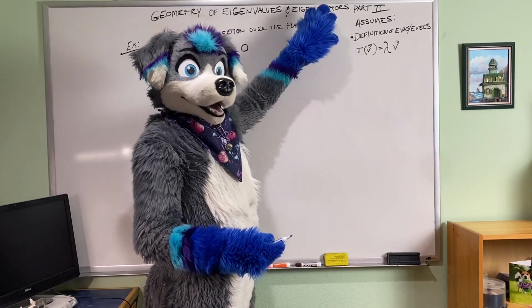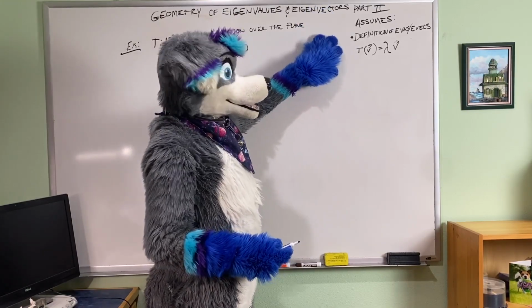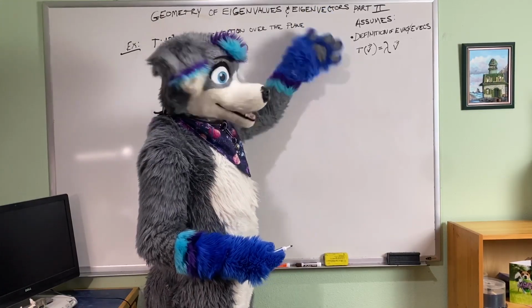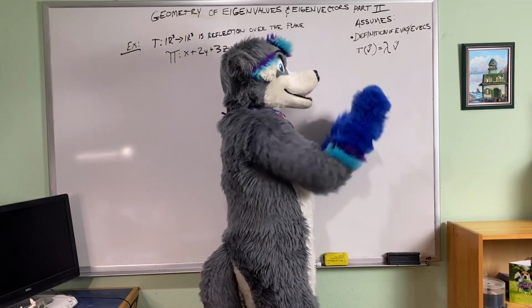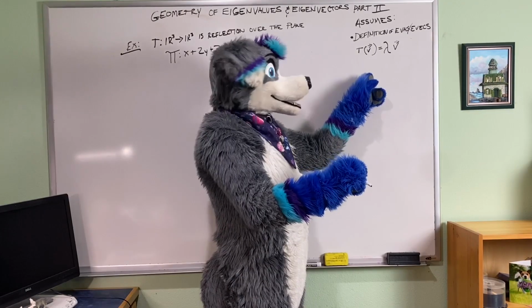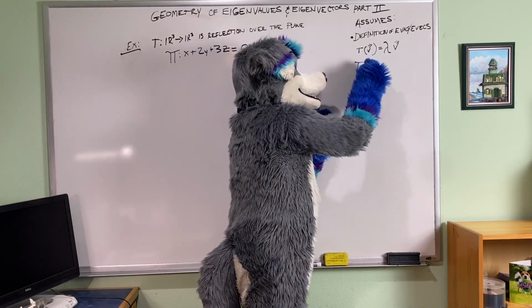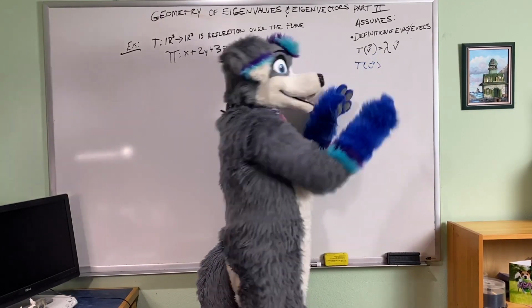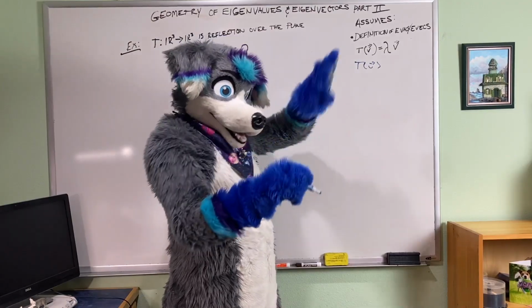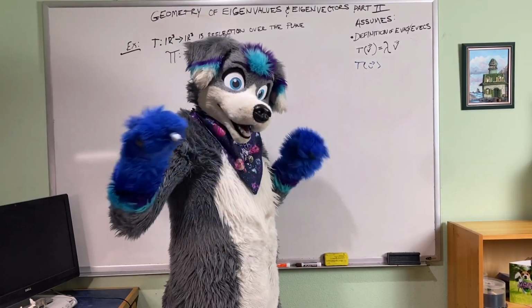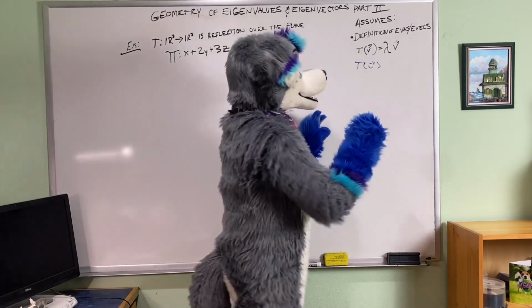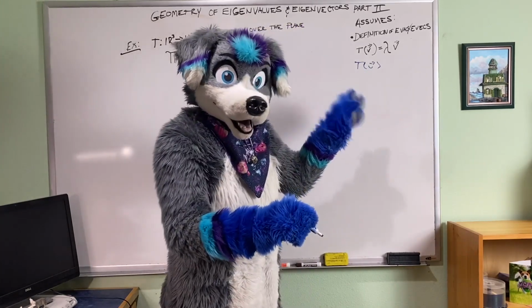In this video, I just assumed that you remember the definition of an eigenvalue and eigenvector, which is right there. And in the other video, we saw that for this particular vector v, wherever it ends up, it lies on the same line through v, if lambda is a real number.